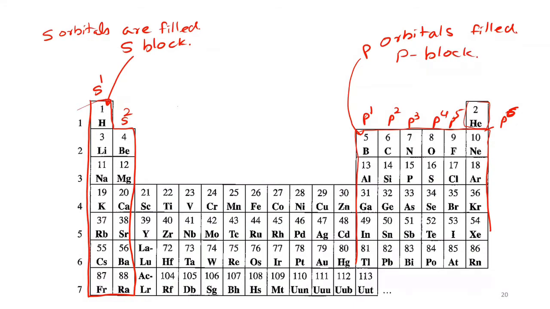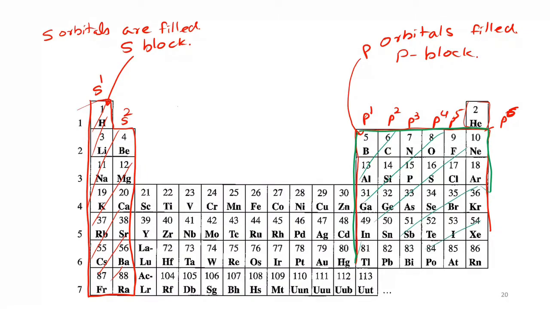So somewhere in a text, if it says s block elements, it's talking about things in the s block. And if it is referring to something as a p block element, that means it's talking about elements in this block.